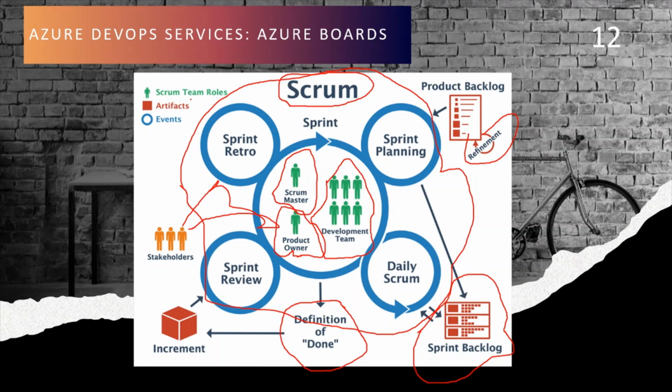And then you have, so this is the scrum team roles. We already talked about them. Artifacts, these are the artifacts. And then events, these are the ceremonies. So I hope it's clear, it was very short, but it can be more interesting.